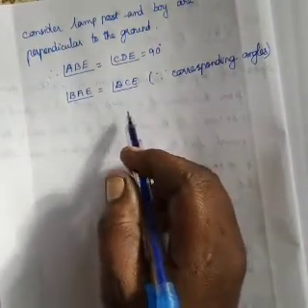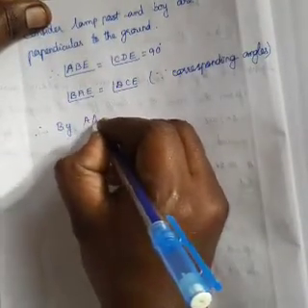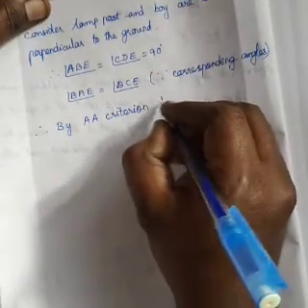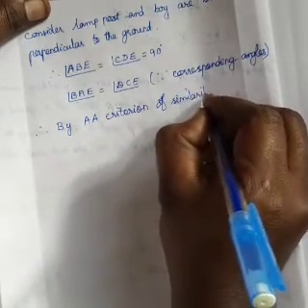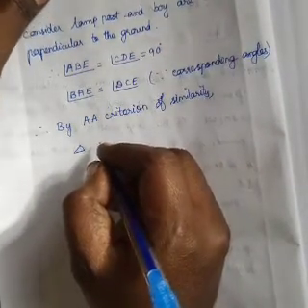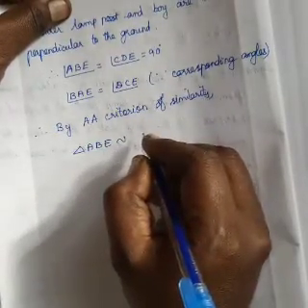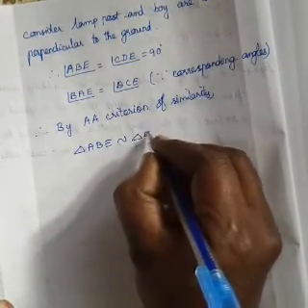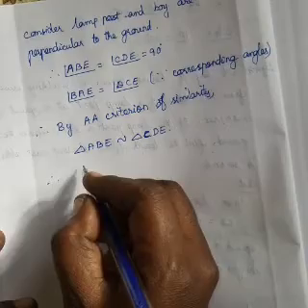Since the two angles are equal, by AA criterion of similarity, we can say triangle ABE is similar to triangle CDE. Therefore the corresponding sides are proportional.